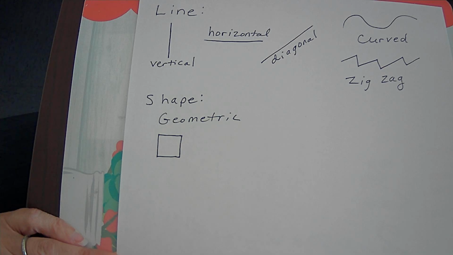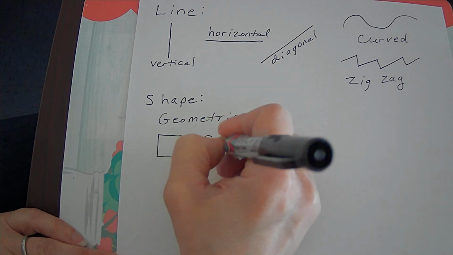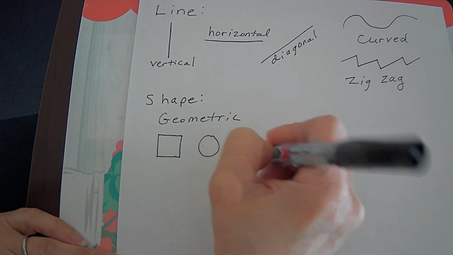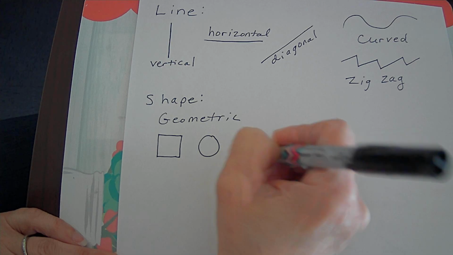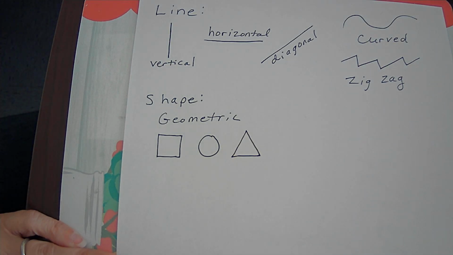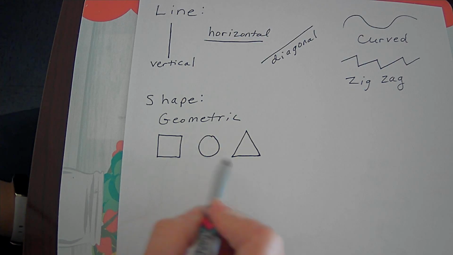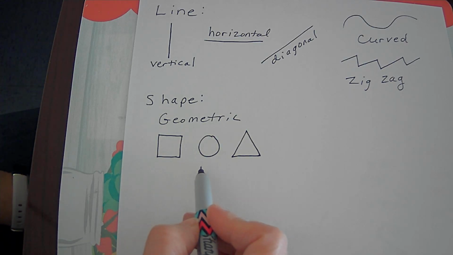Give me another one. Easy one. Circle. Triangle. So if you can name it and everybody has a common name for it, it's geometric. These are man-made or mathematical shapes. They typically have straight lines, except for your circle or your oval, where it's all curved.